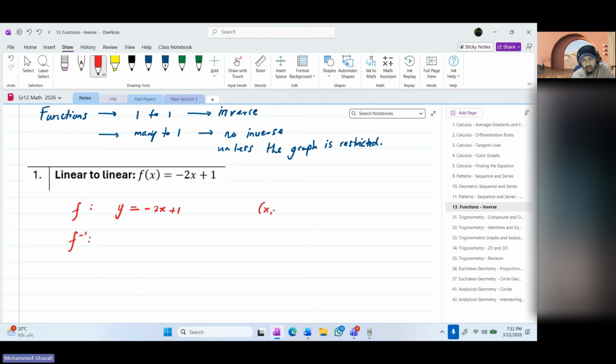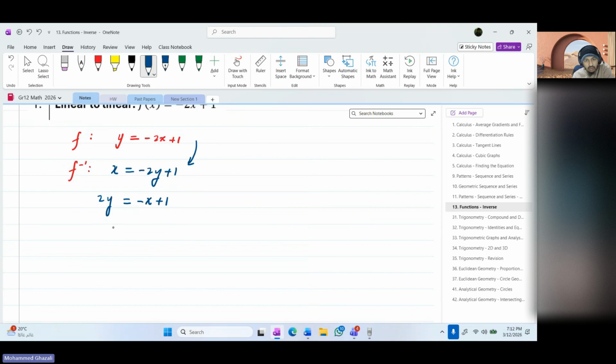This is a point (x, y). Now this will become (y, x). So you need to swap the x and the y. The first step to find the inverse function is to swap the x and the y, always. So you get x equals minus 2y plus 1. Now you solve for y. Bring the x over: 2y equals minus x plus 1, and divide everything by 2 because you need to solve for y.